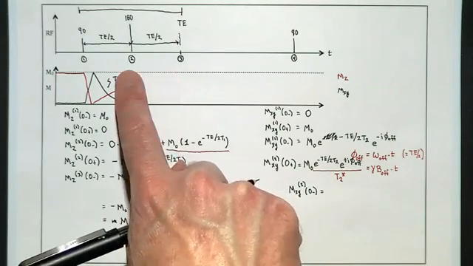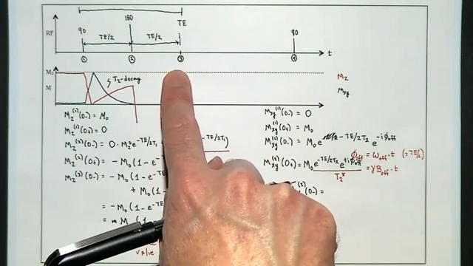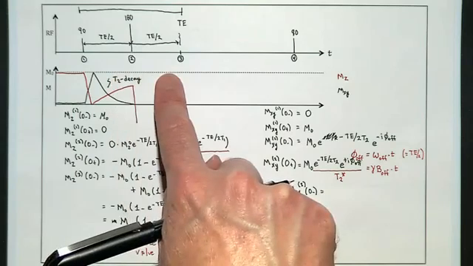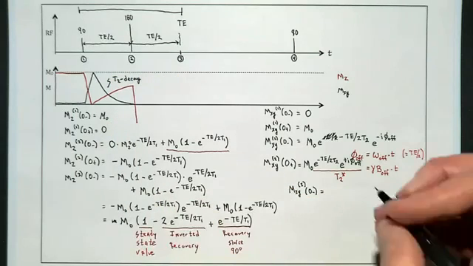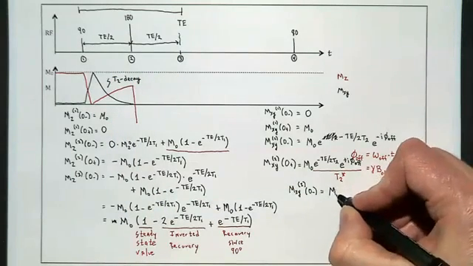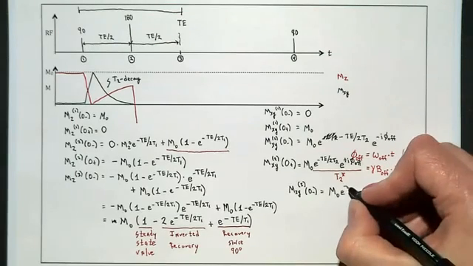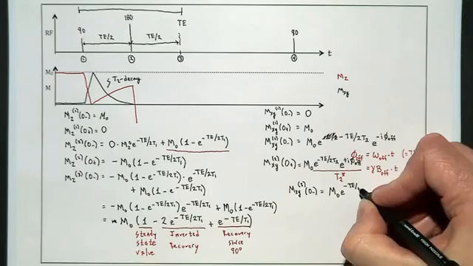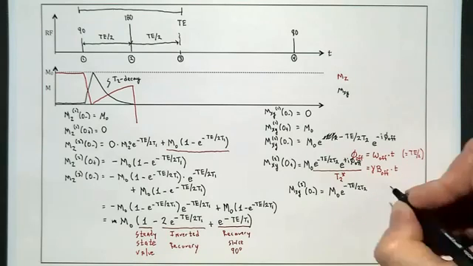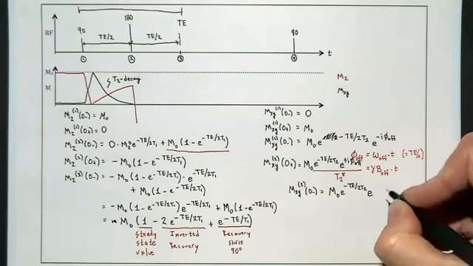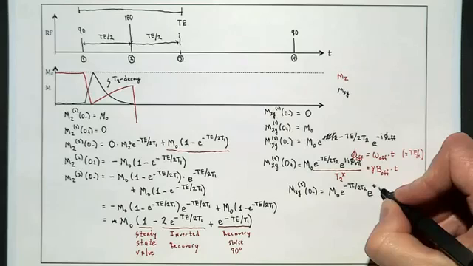I need to have additional magnetization decay, and I need to allow for additional accumulation of off-resonance. And so I start off with what I had a second ago, which was M0 e to the minus TE by 2T2. I still have my off-resonance phase that was refocused with my refocusing pulse.